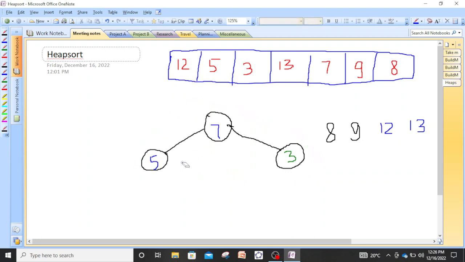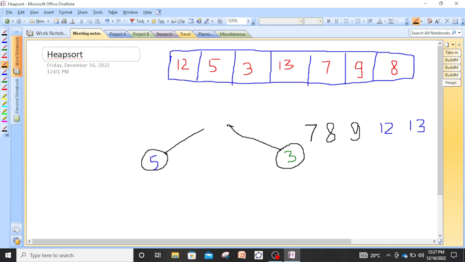So this is a max heap, and we do the same: the largest value 7 is at the top. We remove this largest value. Since I have removed it, there is no need to keep the circle. So I have just removed 7, and that 7 as usual will come here.